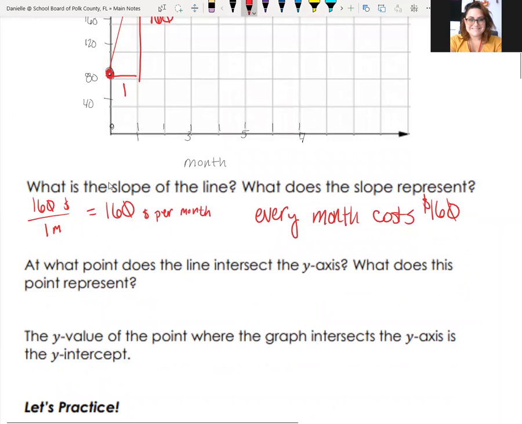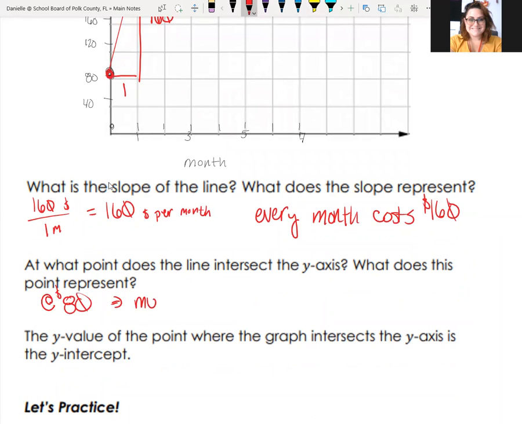Where does the line intersect the y-axis? And what does that mean? We intersect y at 80, which means that I have to pay $80 no matter how many months we use.